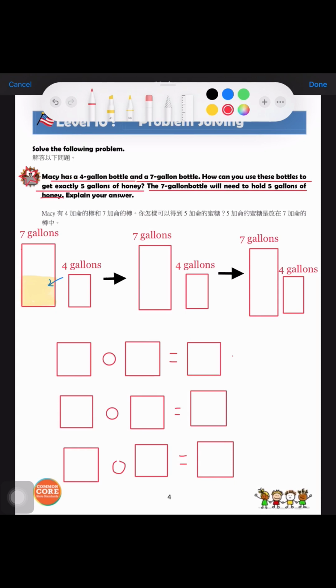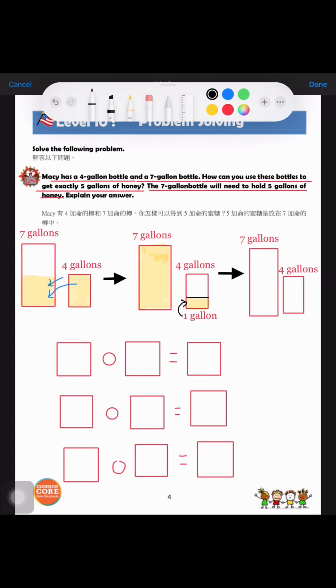And then we may fill up the 4 gallons bottle again. And then we pour it into the 7 gallons bottle. But it will be too full to pour all of them inside. Therefore, there will be 1 gallon left in the 4 gallons bottle.